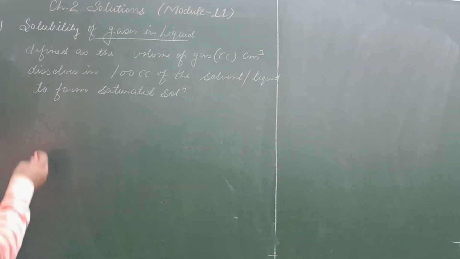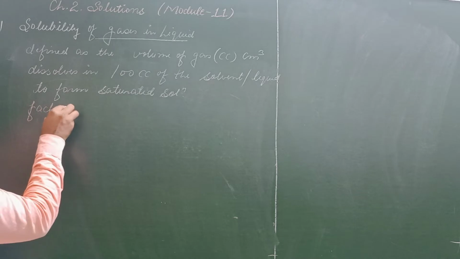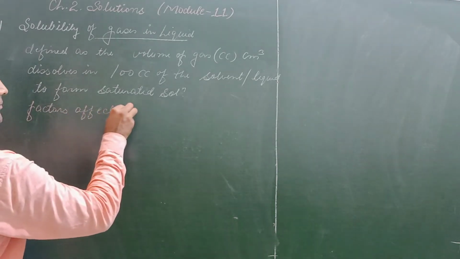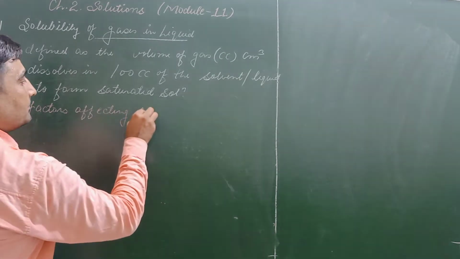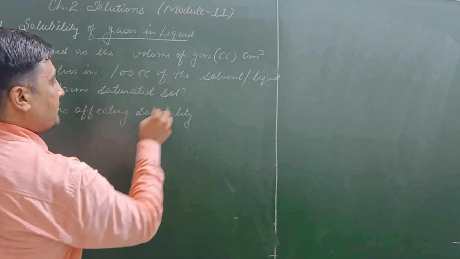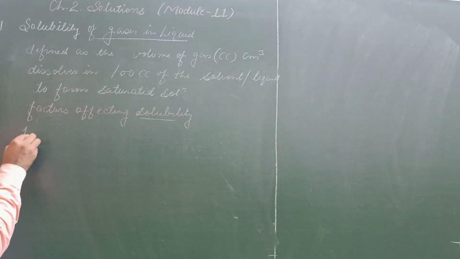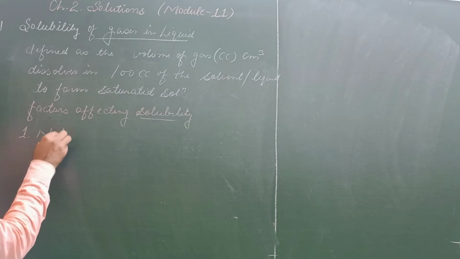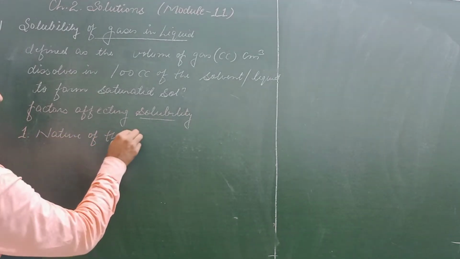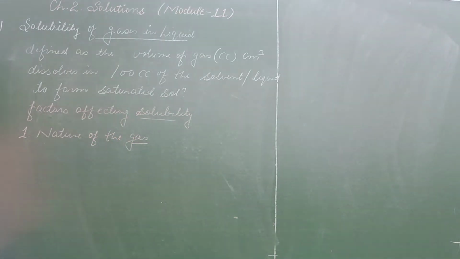Now again, the factors affecting solubility. Among the factors, let's take the first factor, nature of the gas to be dissolved. There are two types of gases.